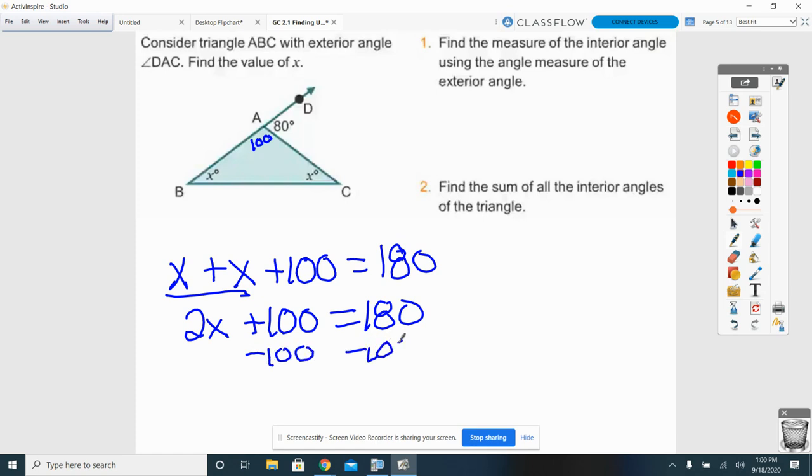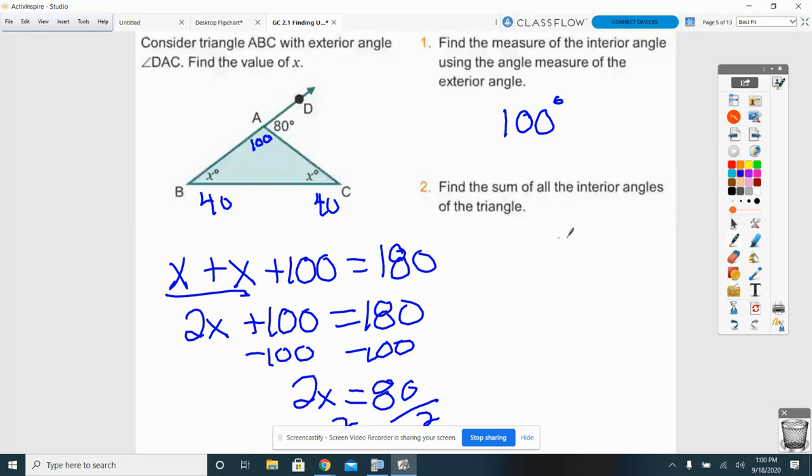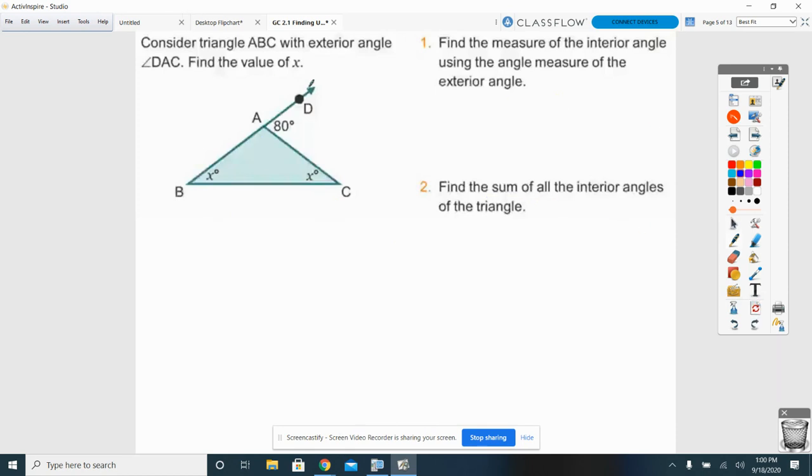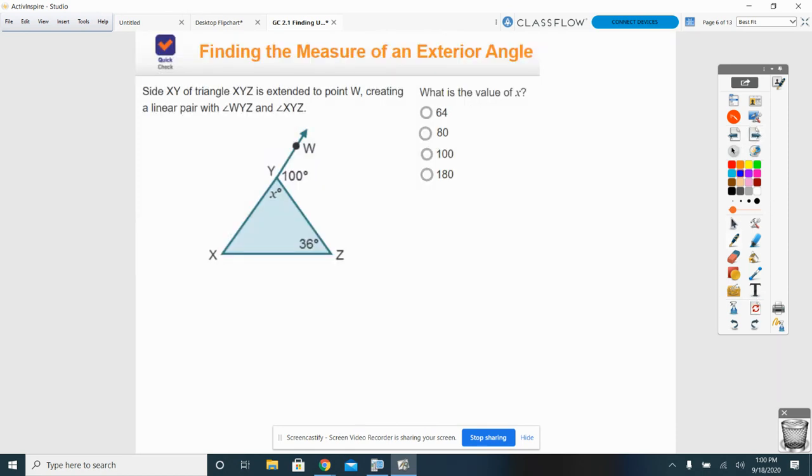Subtract 100, you get 2x equals 80 and divide by 2, and then you see that x equals 40, just like we said. So we found the measure of the interior angle. That was 100. We found the sum of the interior angles of the triangle, which is 180 if you add all the interior angles, and we were able to figure out what x is using those ideas.